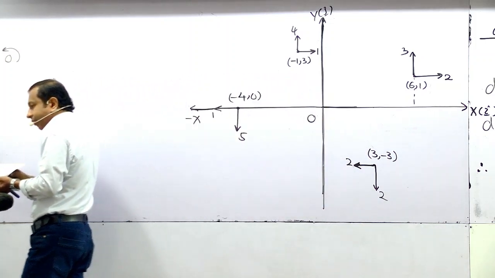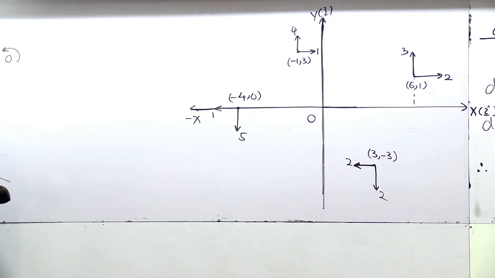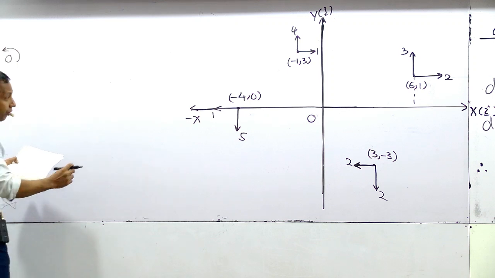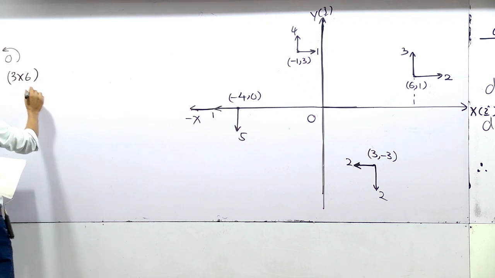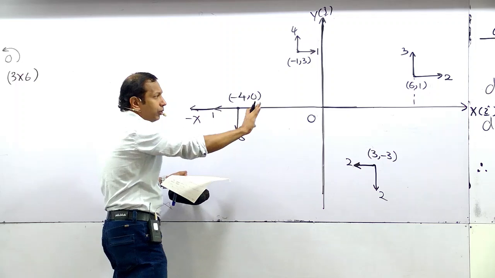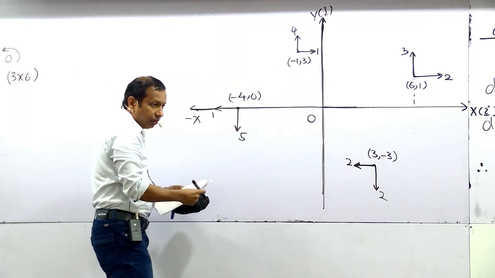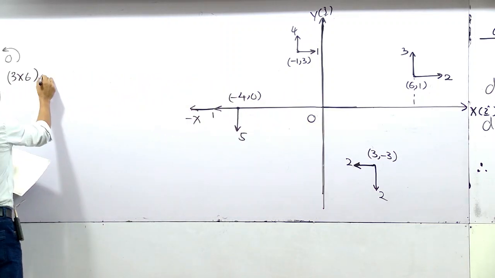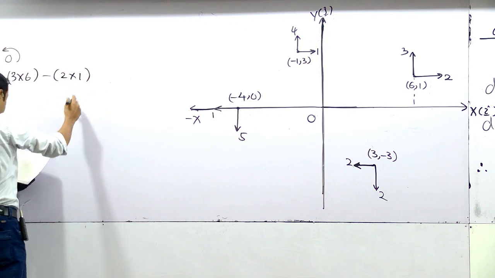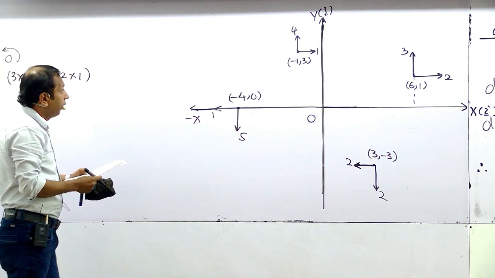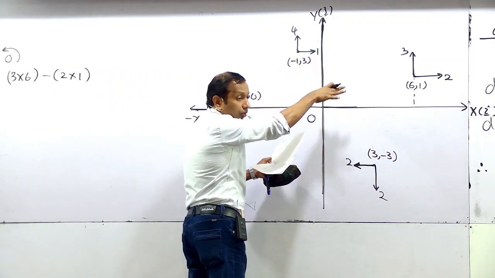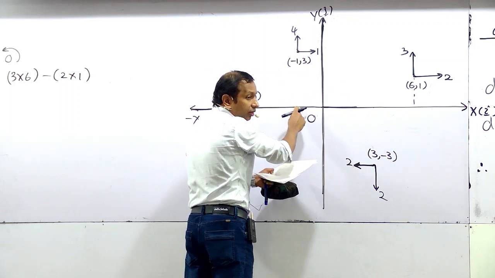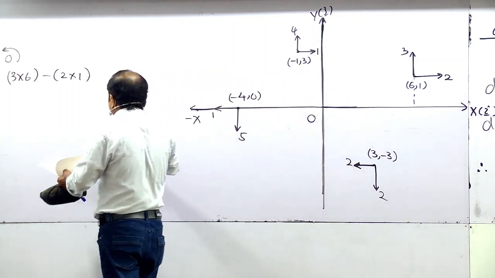Minus 2 into 1. And by this 1 around O, what is the moment? Clockwise. What is the height? 1 into 3, that also minus 1 into 3.